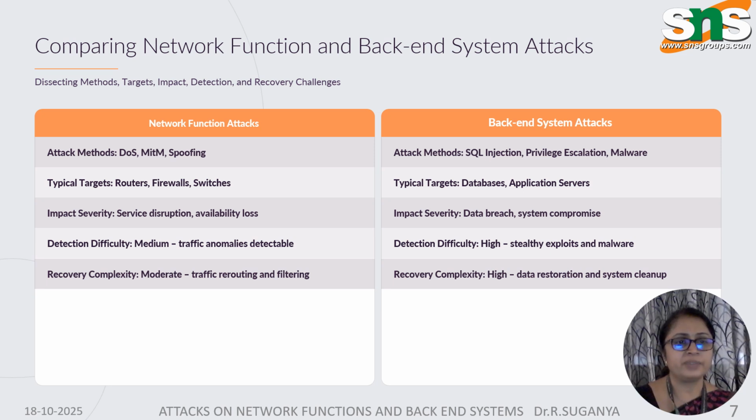For detection difficulty, traffic anomalies can be detected, while for backend systems detection difficulty is high because of stealthy exploits and malware. For recovery, traffic rerouting and filtering can be done for network functions, and in backend systems the data can be restored and the system cleaned up. So this is the comparison.